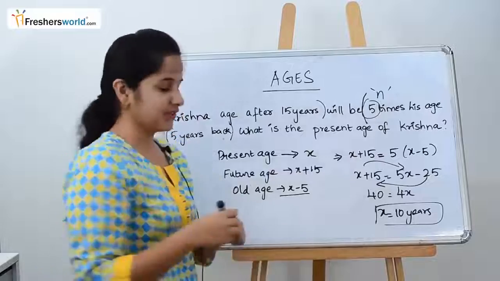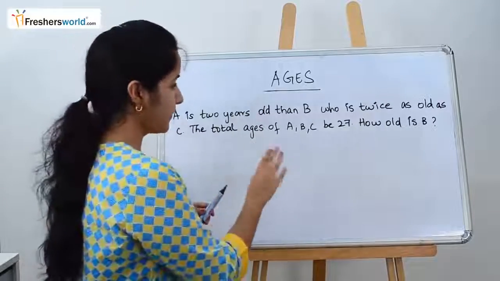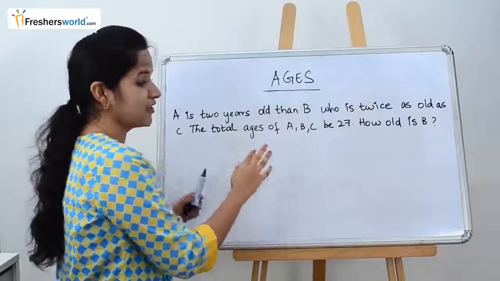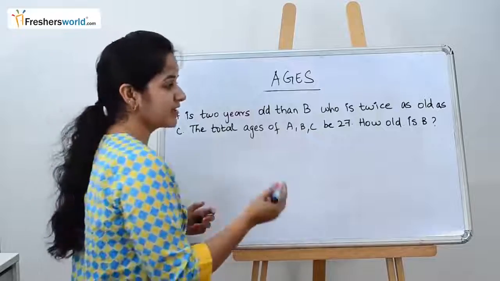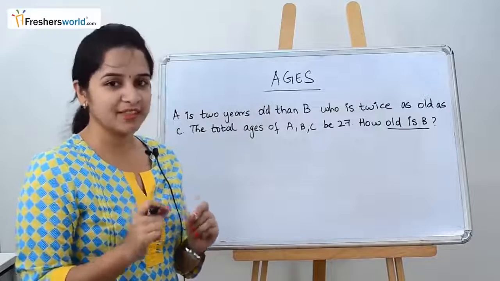Let's solve another question. The next question is, A is 2 years older than B, who is twice as old as C. They have given the total of the ages of A, B, C as 27 and they are asking us to find how old B is. We always have to find which is the x variable here.